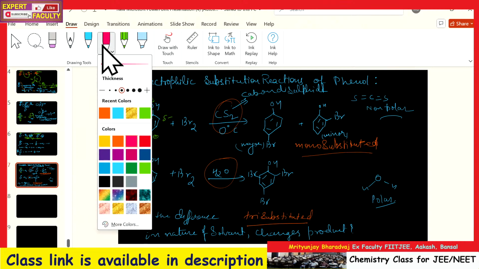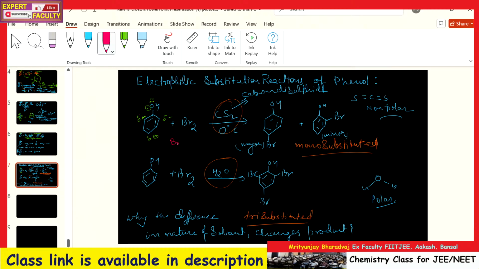Let me try. What do you think? The reaction will take place by what? This pi bond will be donated to the bromine, and there will be an intermediate. Do you like to draw the intermediate? Just try to draw the intermediate. Show me into the camera.